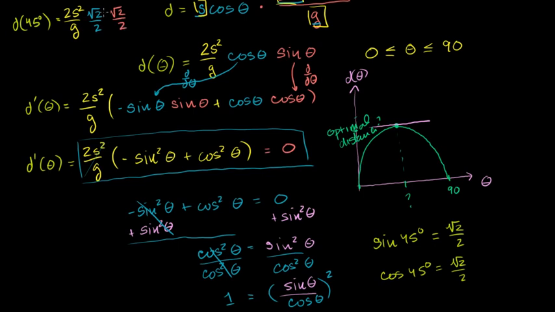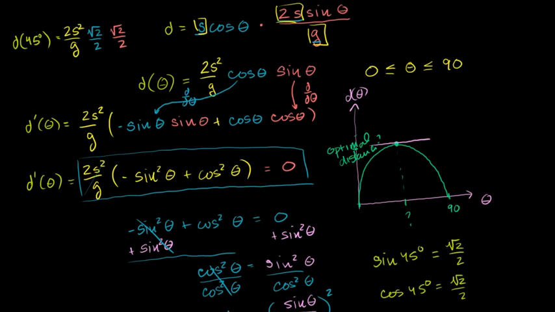What's the square root of 2 times the square root of 2? That's just 2. Let me simplify this. This 2 cancels out with that 2, and this 2 cancels out with this 2.